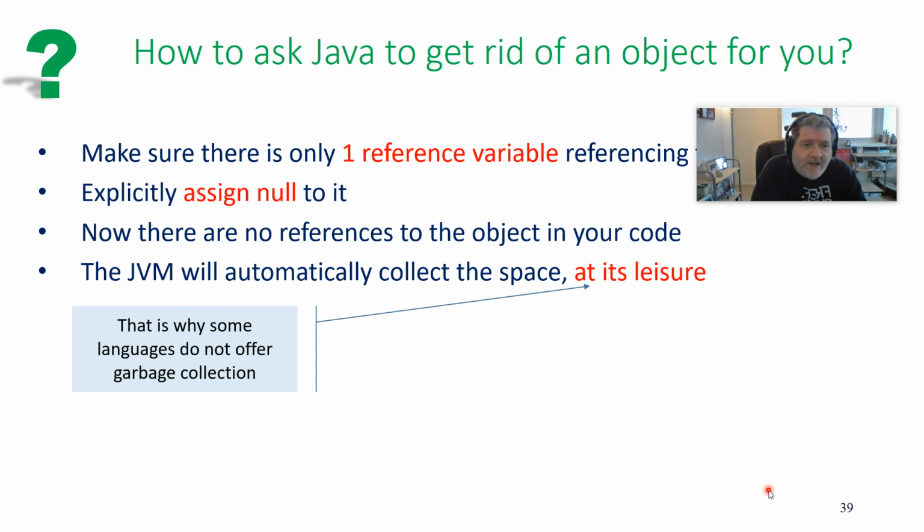It's not going to reclaim the memory right at the moment where you assign null to the last reference variable that knew about an object. It will happen, but it will happen later, and you cannot necessarily easily predict when it's going to happen. This is called the garbage collector policy.